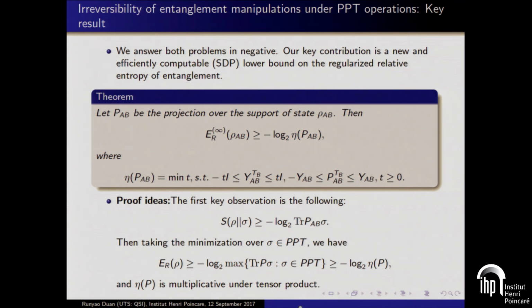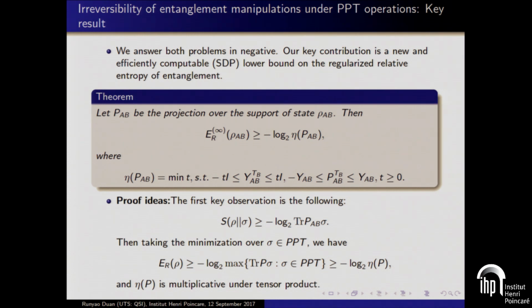So the point here is that if you take sigma in the PPT states, then we know this quantity can be calculated by an SDP problem. But unfortunately, this SDP's properties are not very nice. For example, it's not multiplicative under the tensor product. So what we do is further relax the problem, and then we have this SDP.